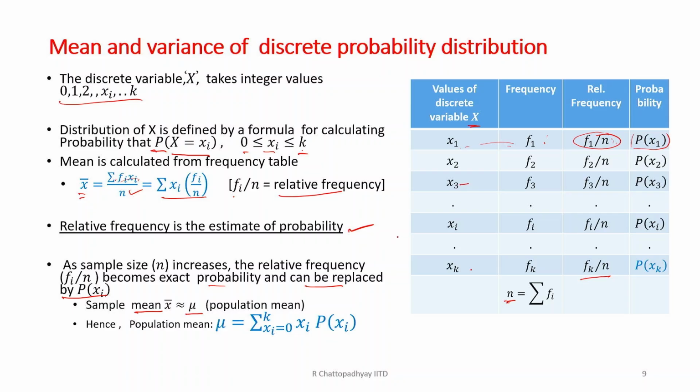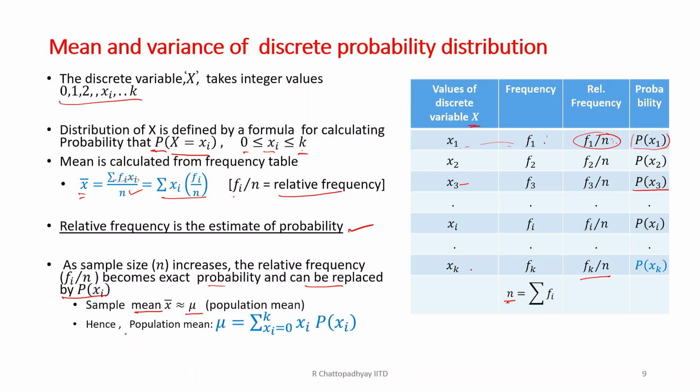X3 may be, suppose, 2. That is going to be px3, we write it. So as sample size n increases, the sample becomes close to the population. In that case, the sample mean, the way we calculate, becomes the population mean, mu.